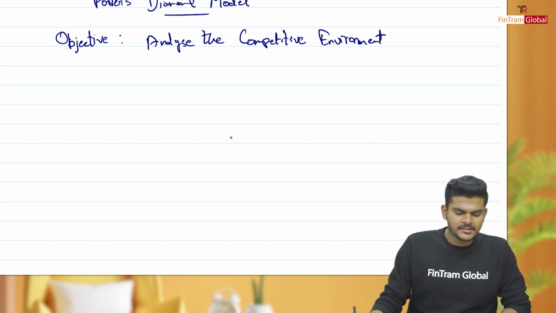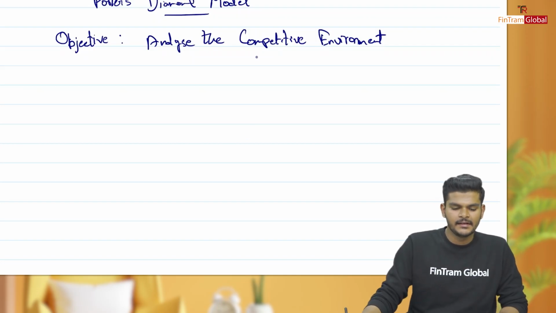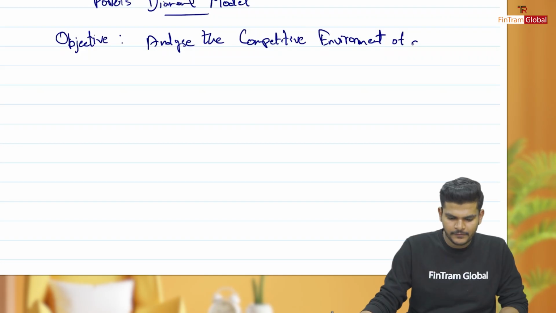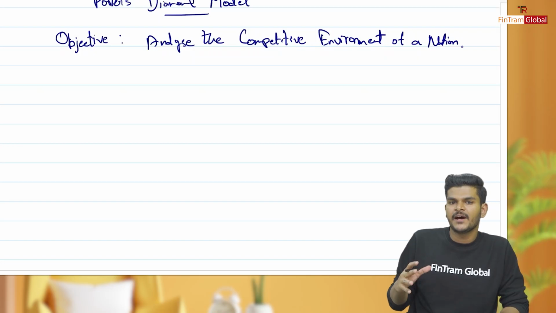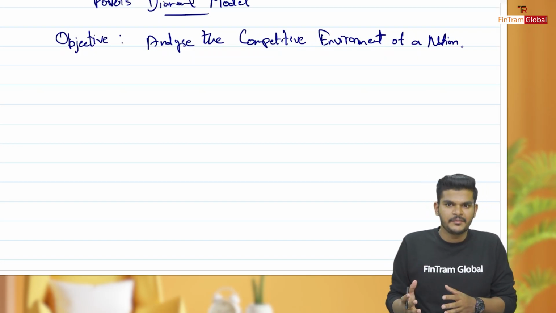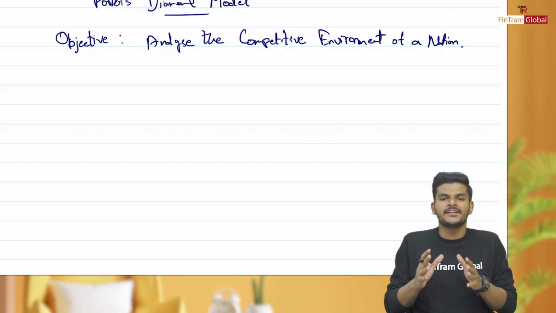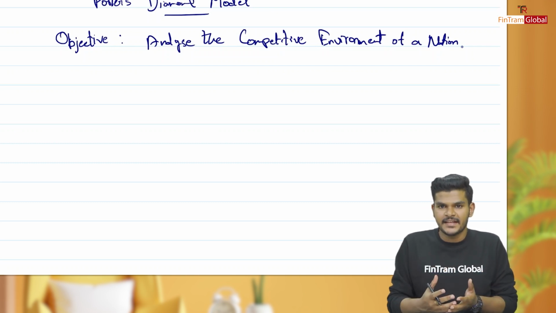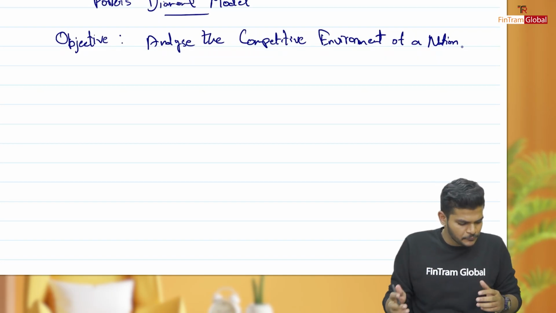So within Porter's diamond, there are 4 factors that can determine the competitive environment of a nation. Okay, folks, so we're looking at a competitive environment within a particular nation, and Porter says that there are 4 factors which can influence the competitive advantage that an organization has within a particular nation or industry. Okay, folks, what are these 4 factors?